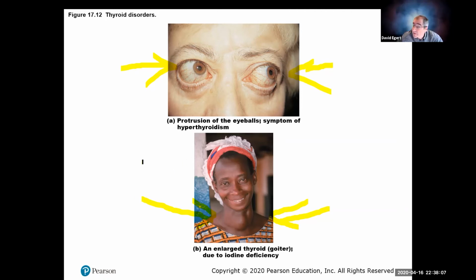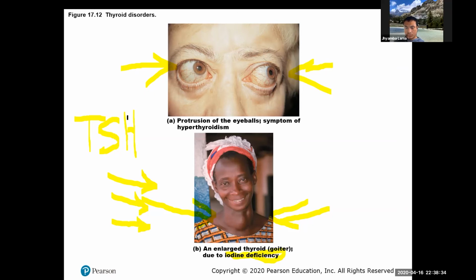So what happens here is the pituitary gland says, oh my God, not enough thyroid hormone. So it just keeps sending more and more thyroid stimulating hormone over. And the thyroid gland gets bigger and bigger trying to increase the production of thyroid hormone. But if there's no iodine, it doesn't matter how much thyroid tissue you've got, you can't make the thyroid hormone.